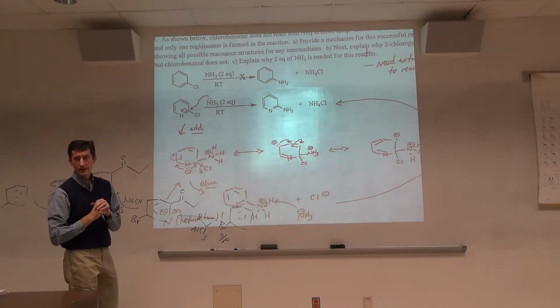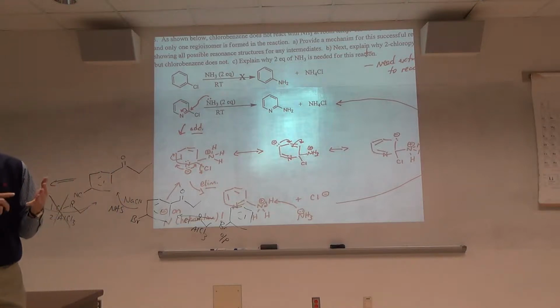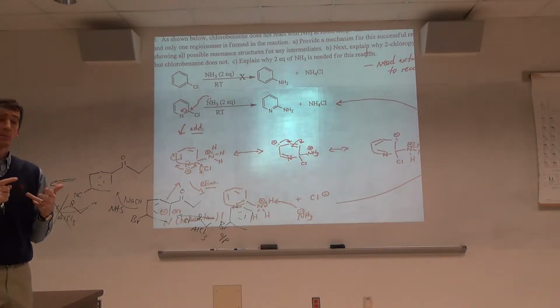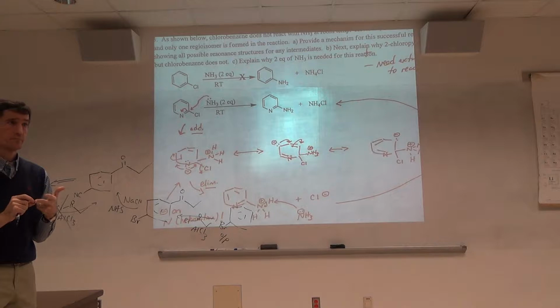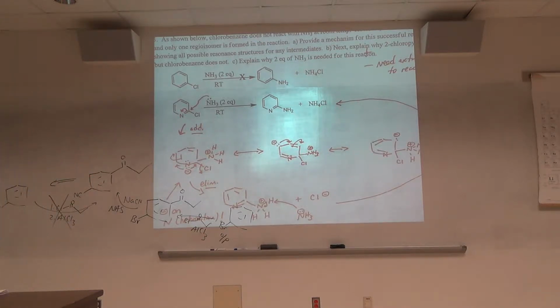Questions about why NAS? How many mechanisms have we covered? Three: EAS, NAS, and we need to finish up benzyne. What is ammonia? An electrophile or nucleophile? It's a nucleophile, so you're not doing EAS. So what substitution mechanisms do you know using a nucleophile?